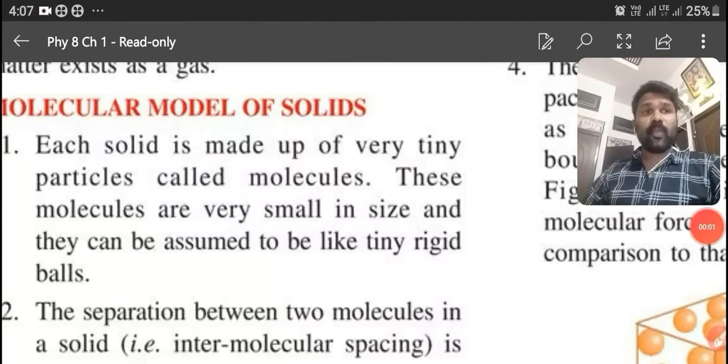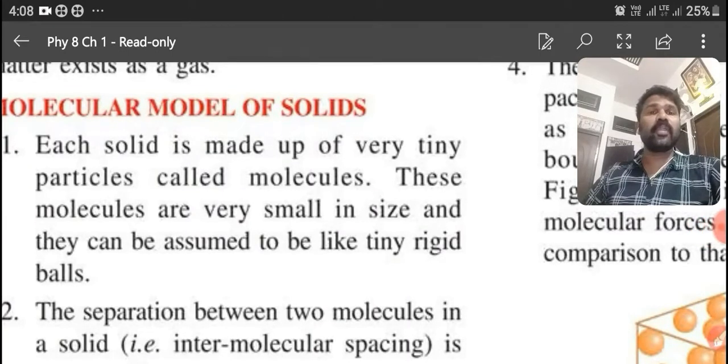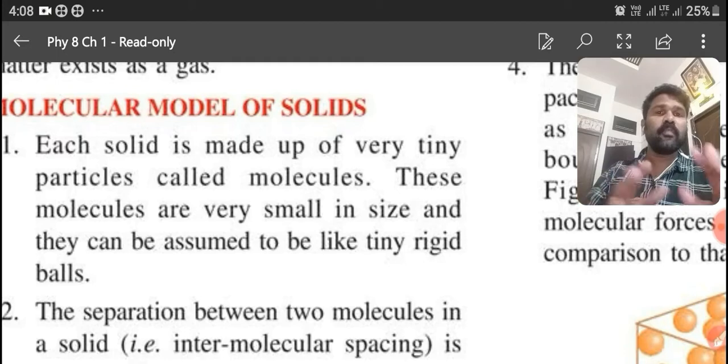Now we are going to discuss the topic molecular model of solids. Each solid is made up of very tiny particles called molecules.